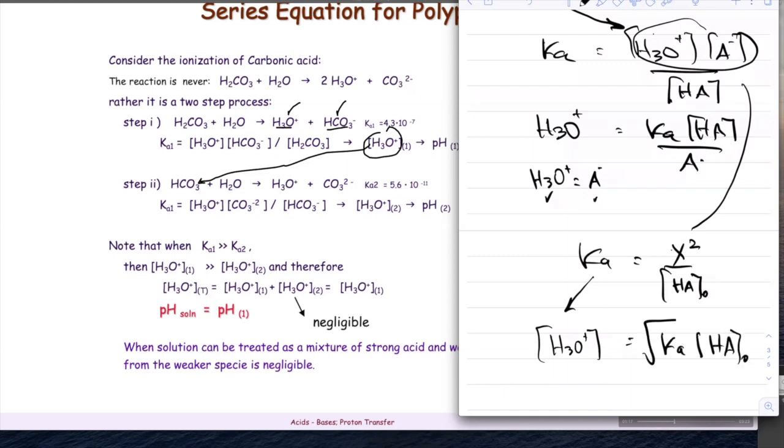So this is going to be an important equation if you want to calculate the hydronium ion concentration directly. Okay, this is a shortcut.